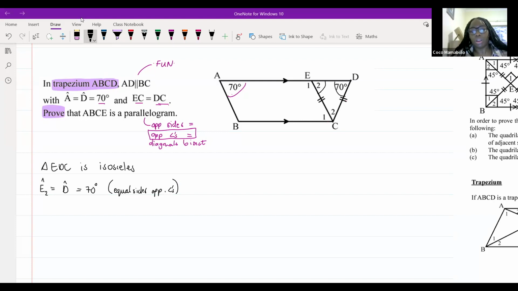So if I know what E2 is equal to, can I then calculate what E1 is equal to? Yes, I can. We can use angles on a straight line, nothing too big. Then we can say E1 plus E2 is equal to 180 degrees, angles on a straight line.